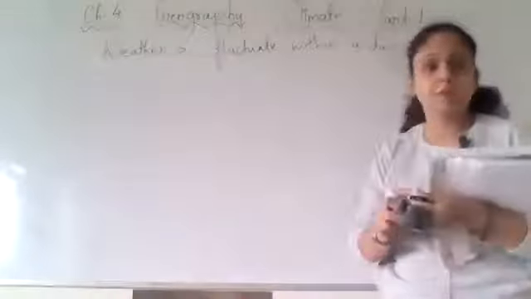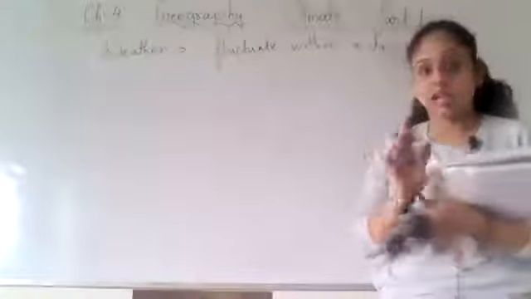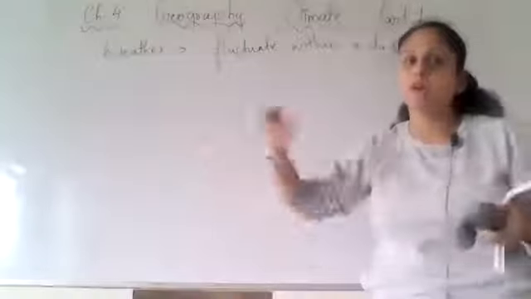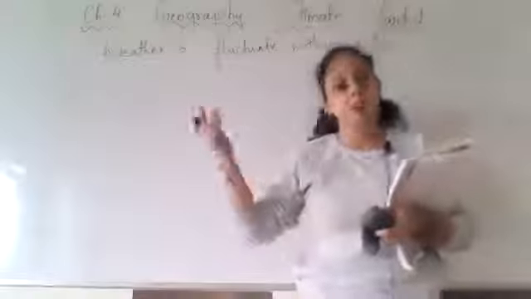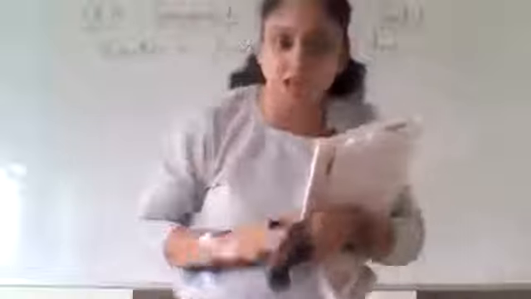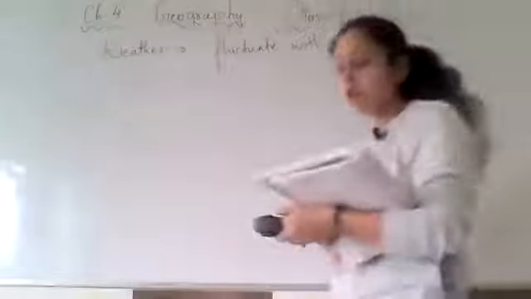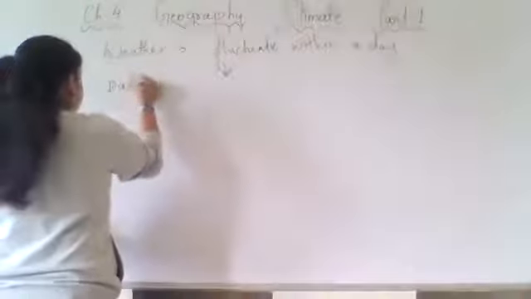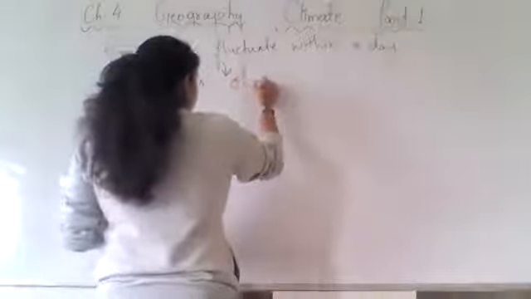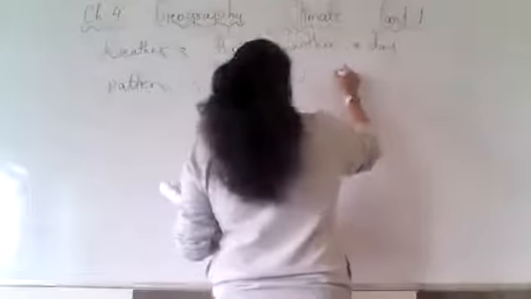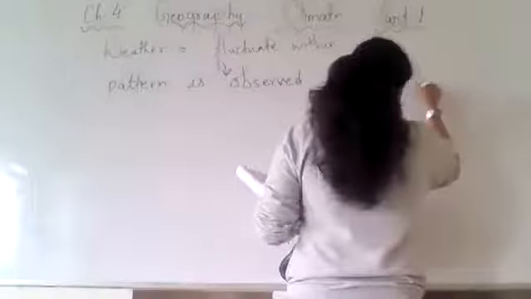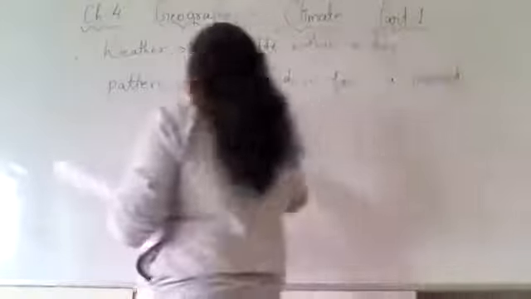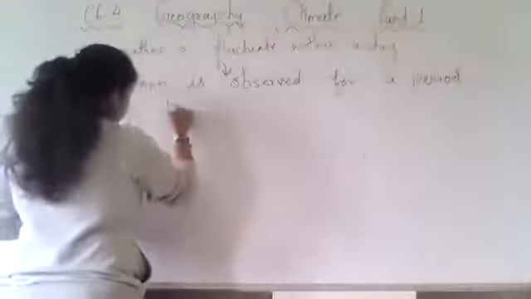But when we talk about weather, in one day you can see that it's raining, and after half an hour you can see that it is hot. There's a sun, you can see the sun. Okay. So it can fluctuate within a day. Yes, it can fluctuate within a day, but still a pattern is observed for a period of time.